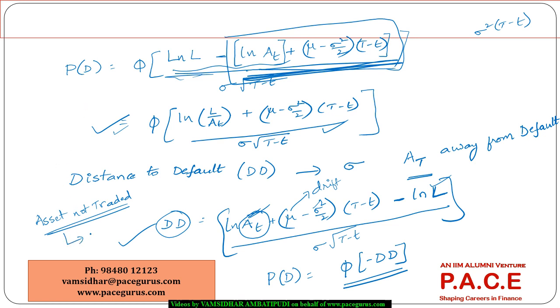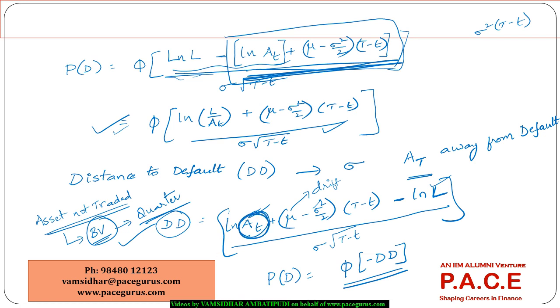All I can get is only the book value of the asset, which is generally updated every quarter. So I'm not getting the latest value of the asset because they are not published on a daily basis because of the lack of trading. So the book value need not be the same as the market value, right? So I cannot get this AT.